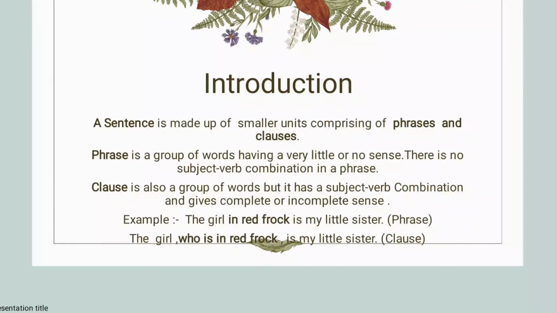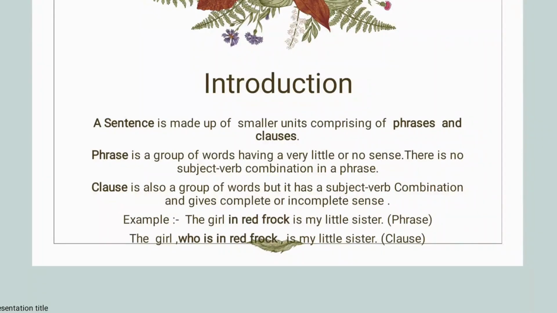First, we'll look at what is a phrase. A phrase is a group of words having very little or no sense. There is no subject verb combination in a phrase. Okay, so what we understood? A phrase is a group of words having very little or no sense. In the garden, for example, on the table.